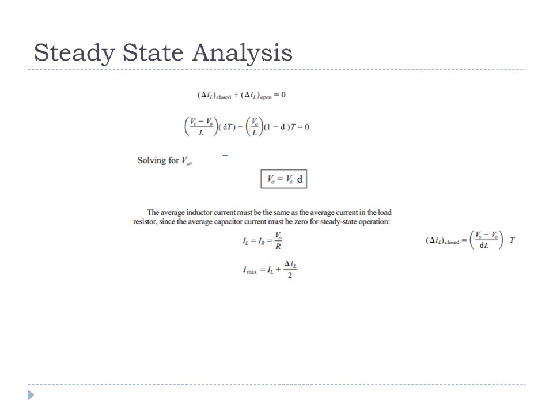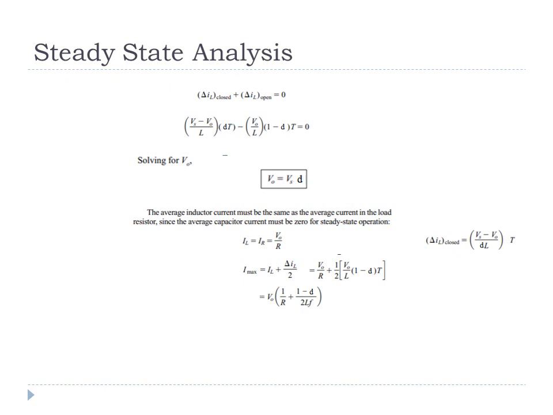Delta IL you can use either for delta IL closed or delta IL open. I am using delta IL closed here. So if I put the value of delta IL closed, I max is determined and it is shown here.